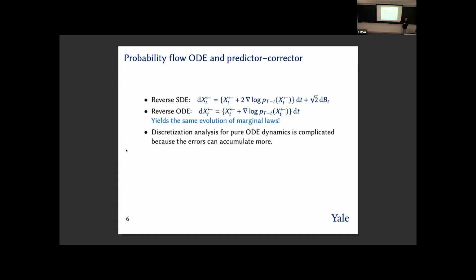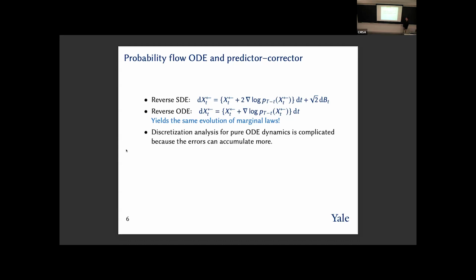So then you worry that the errors can blow up exponentially over time. I guess we also saw this in Linux's talk on propagation of chaos. So that's kind of a very pessimistic argument. In the SDE case, we could do a little bit better using some tools by directly working with the marginal law, but those are not really available for the ODE.